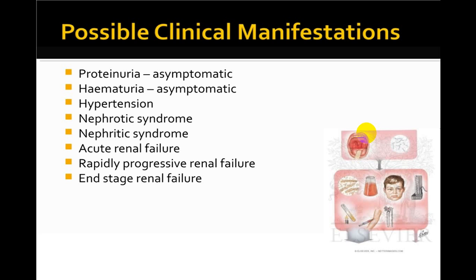And in the nephritic variety, it will present with a good amount of hematuria and less amount of protein, and it will invariably present as AKI, or what we call acute renal failure signs, or it can present as rapidly progressive renal failure and may end up with end-stage renal failure.